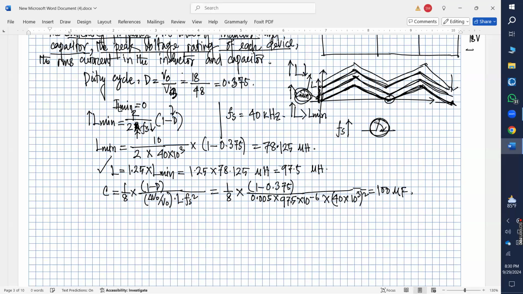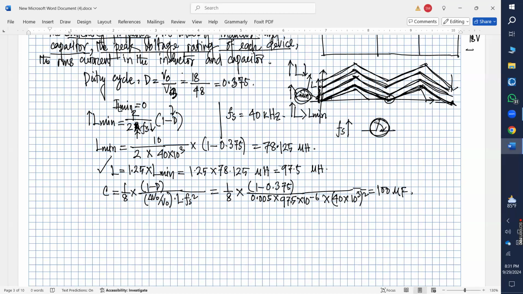That will be a more stable continuous current than the extreme point. If you choose an L value less than L min, what will happen? In the last class we said our inductor current will charge, discharge, go to 0 and stay at 0 for some time. Again it will charge, discharge, and go to 0 for some time.